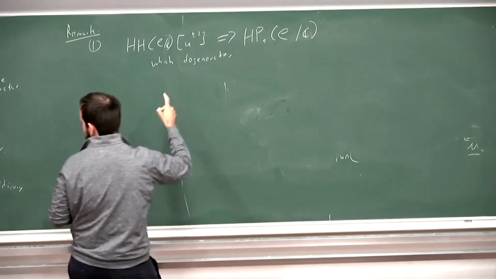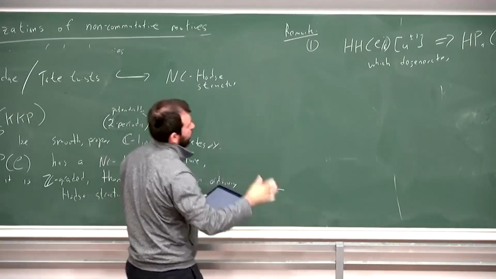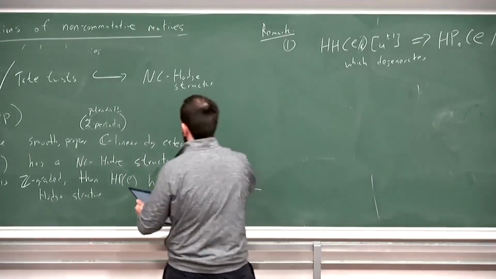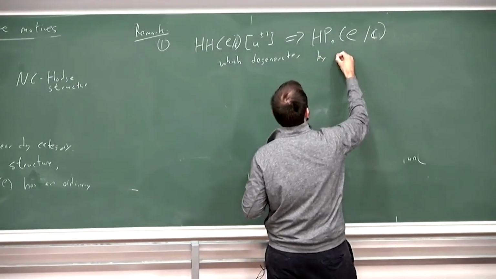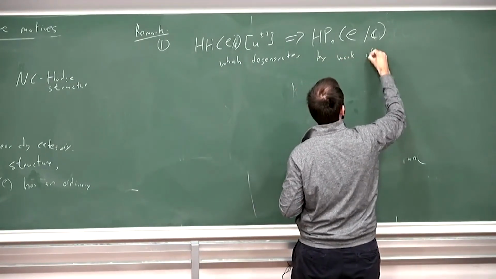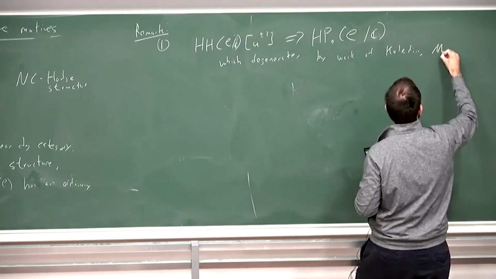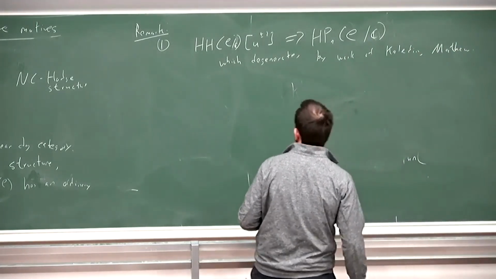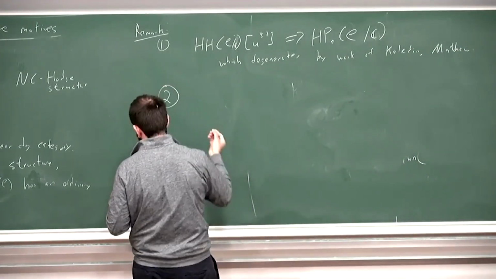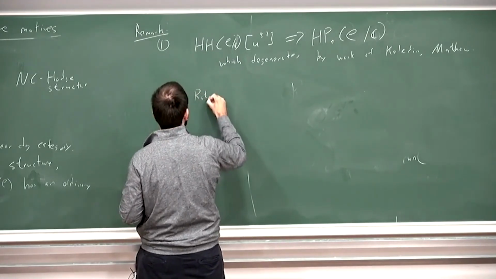Here it is important, well, I think there are some partial results in the 2 periodic setting, but let's just assume we're not 2 periodic. It degenerates by work of Kaledin, and then revisited by Kaledin and Matthew. But the thing that's still missing essentially is the rational or the integral structure.